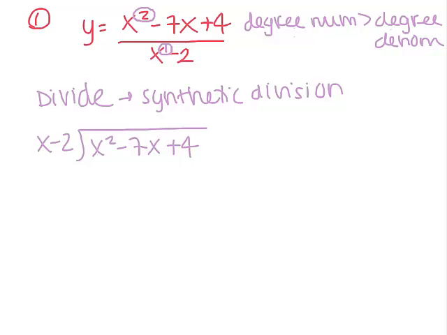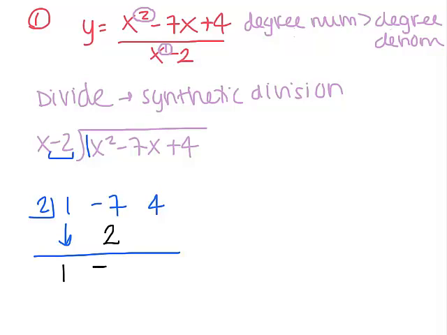For my setup, take the opposite of this 2 right here. Then I line up the coefficients of what I'm dividing into: 1, negative 7, 4. Drop down that first number, multiply 1 times 2, and then add, multiply, add.